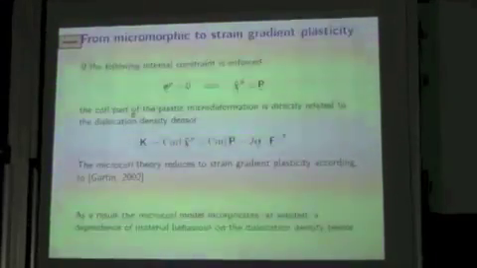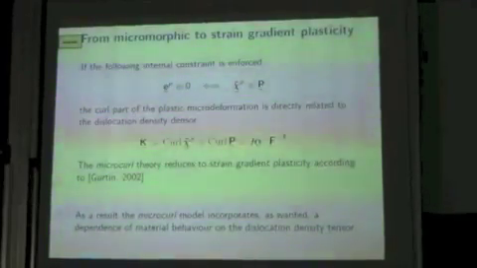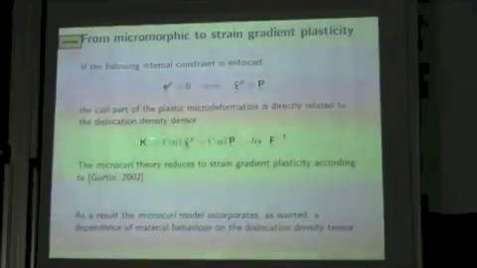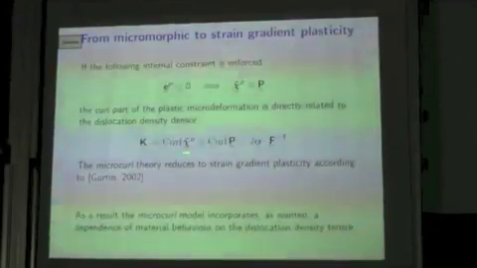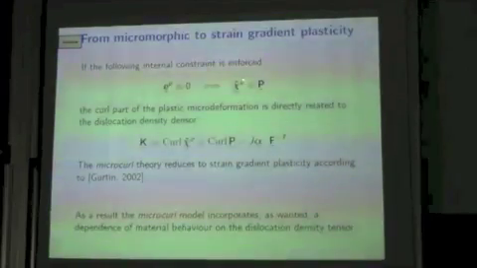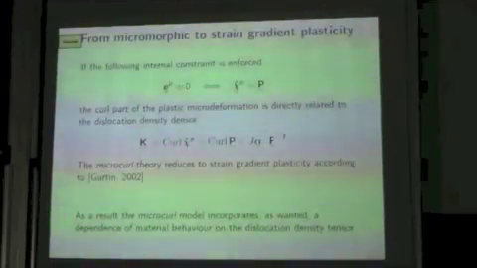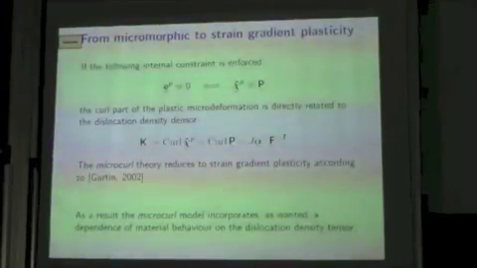Okay, let's consider a special case where you introduce an internal constraint. You enforce the condition that the relative strain is zero. So what does it mean? It means that the micro deformation is nothing but the plastic deformation itself. Now there is no distance between them, they coincide.